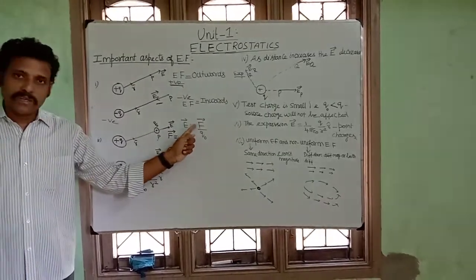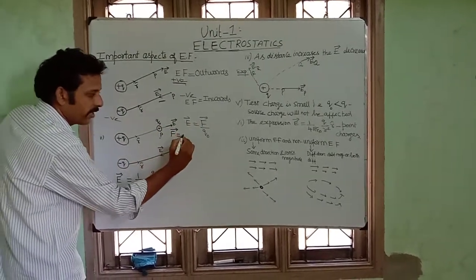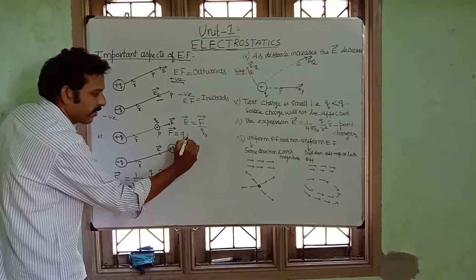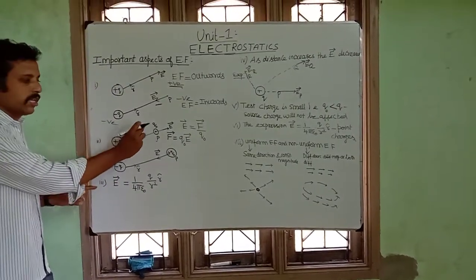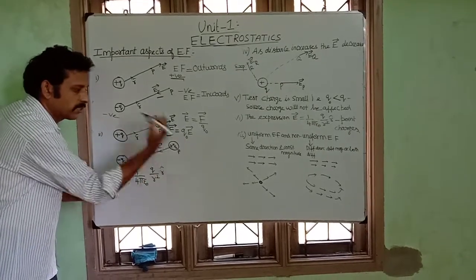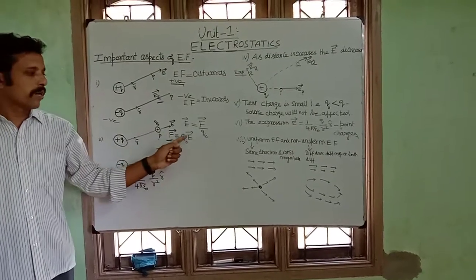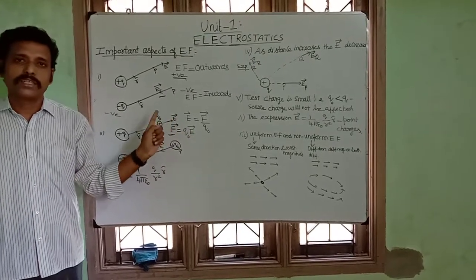Can you find the F vector from this? Yes, good. What is the F vector then? F vector is equal to Q0 E vector. See here, for a positive charge, if you keep a test charge Q0, we get the force as F vector equal to Q0 E vector. The direction is acting outwards. Is it clear?